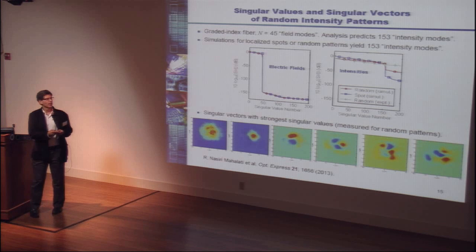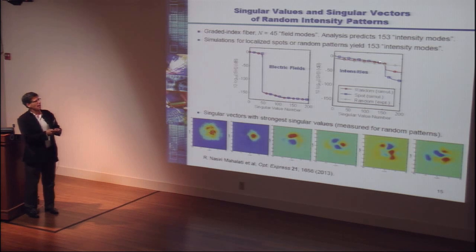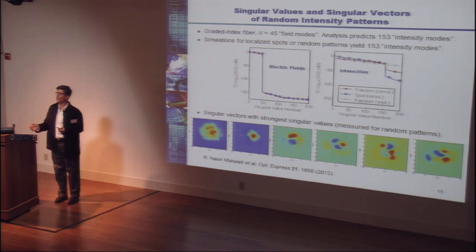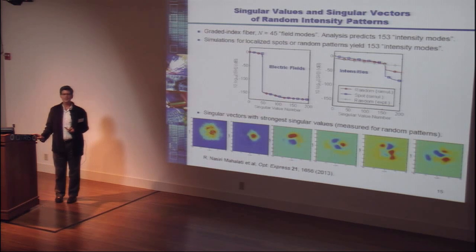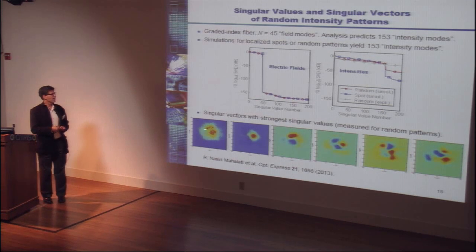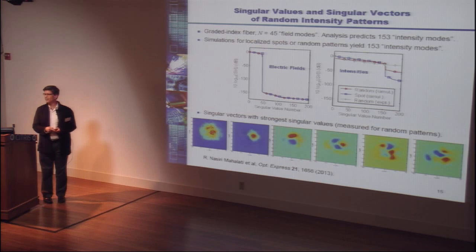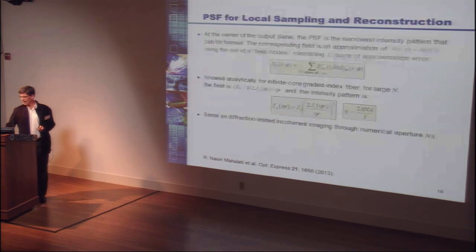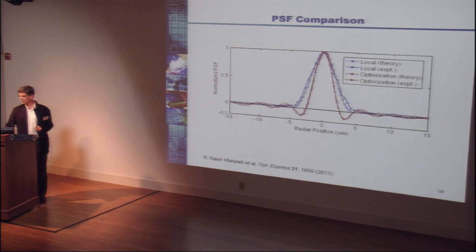And if you take an ensemble of intensity patterns and sample them, theoretically you get 153 singular values. So the squaring gives you more modes, essentially, in the intensity patterns. And these are some of the singular vectors that we observe.